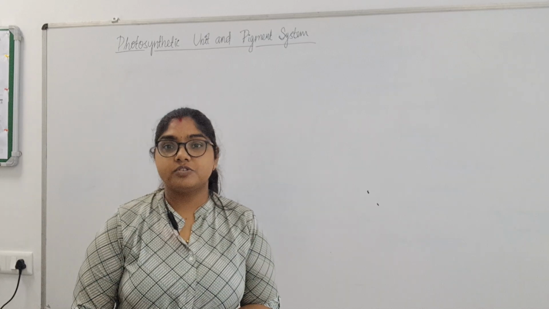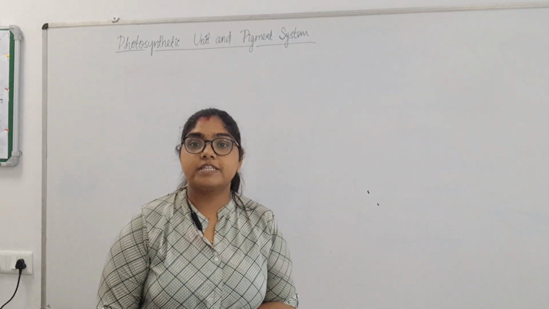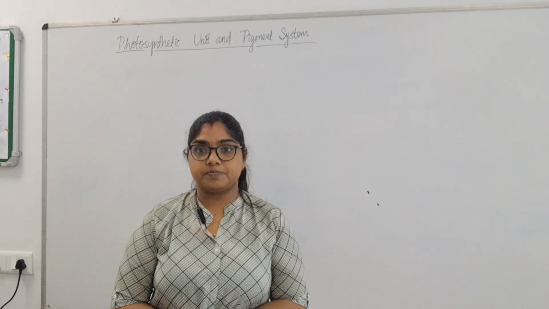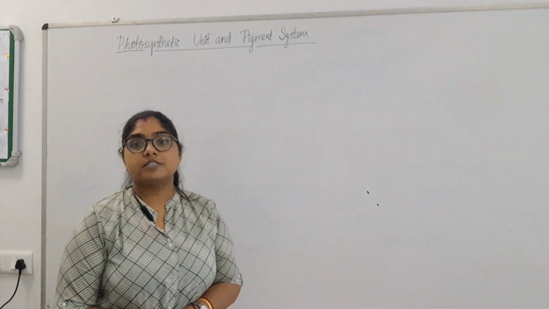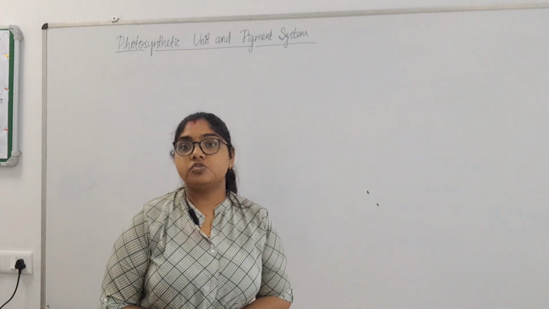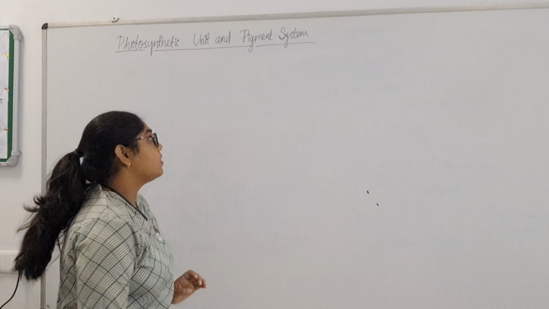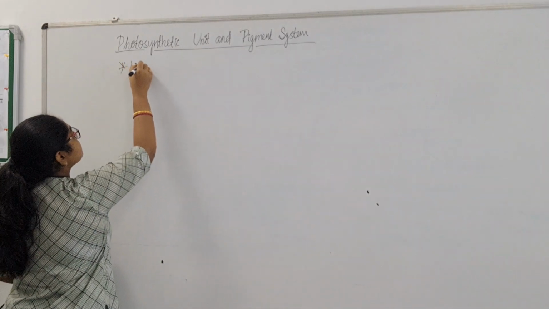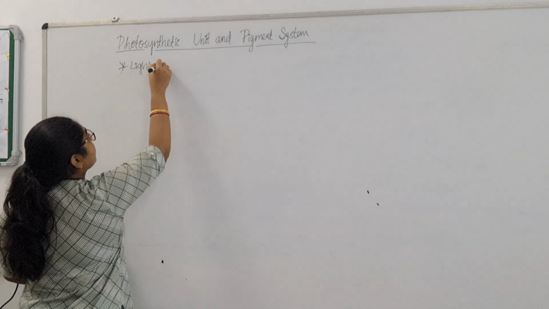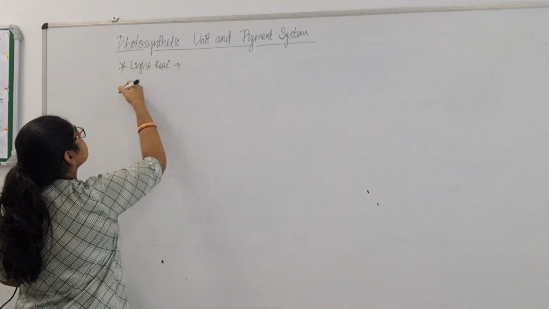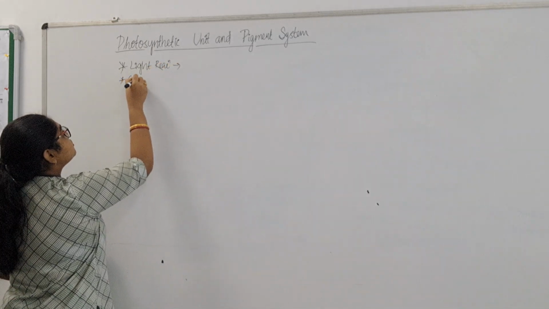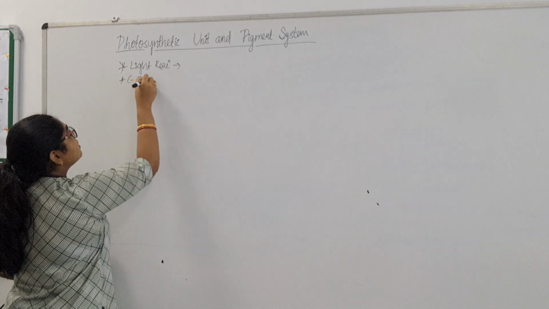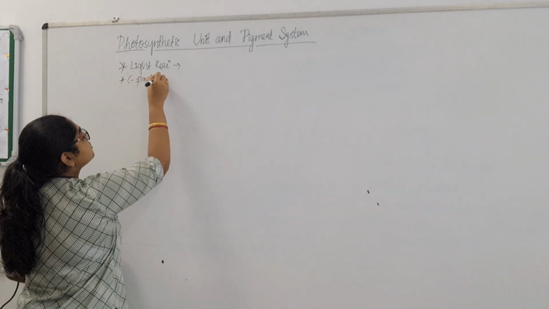Hello everyone, today we are going to discuss the photosynthetic unit and pigment system. The photosynthesis process in plants usually encompasses two processes. One is the light reaction, and the second is the carbon fixation reaction or carbon assimilation reaction.